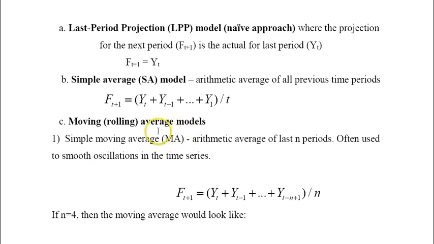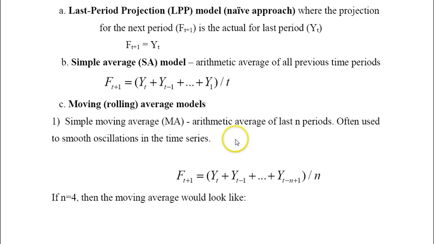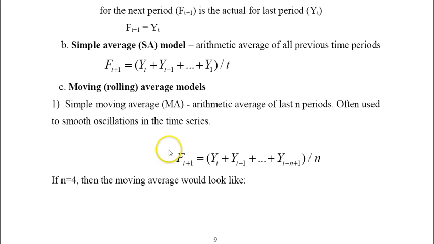Because of that, we have this model called the moving average model, or rolling average model. It's called a simple moving average, which is basically the arithmetic average of the last n periods. And it really helps smooth the oscillations, the ups and downs in the time series we have.